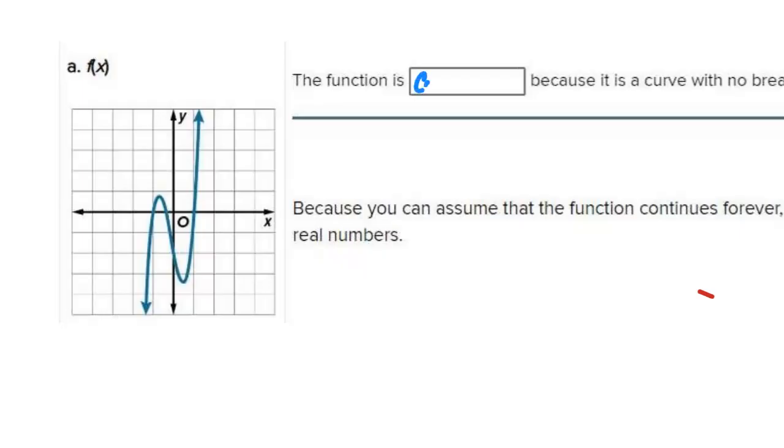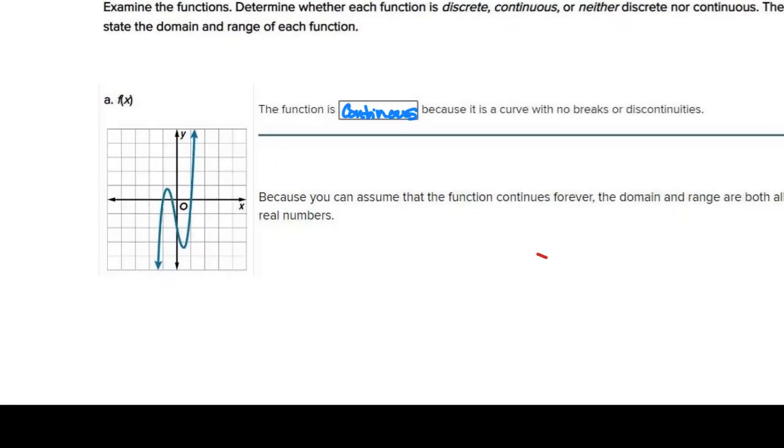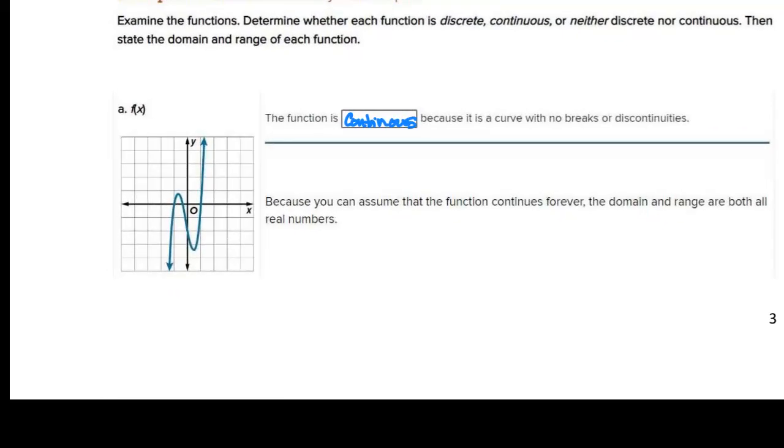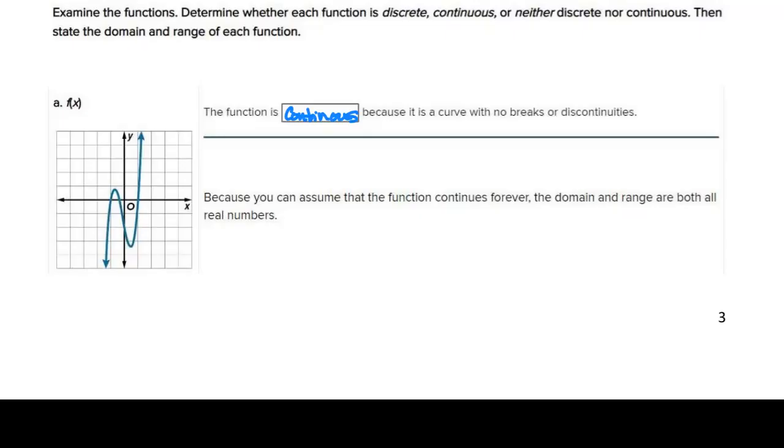It's a line, it's got the arrows, so that is continuous. It says it's a curve with no breaks or discontinuities. Because you can assume the function continues forever, the domain and range are both all real numbers.